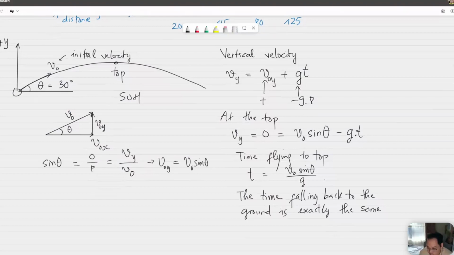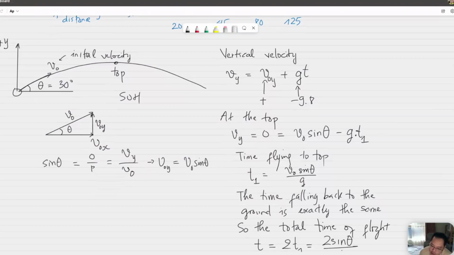So exactly the same, and therefore the total time of the flight, how long it stays in the air, is 2 times that. T is 2 times this T, let's call it T1, meaning 2 V0 sine theta over g.